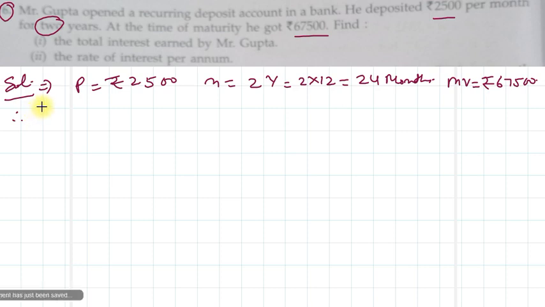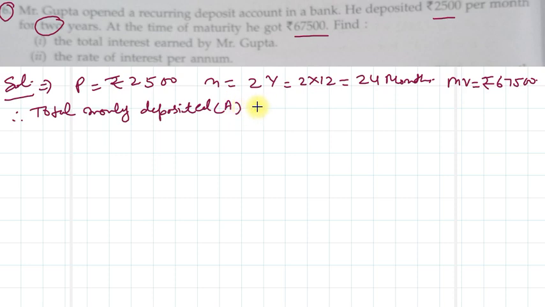Therefore total money deposited. So we have called it as amount, 2500 into 24, right? So 25 for the 100, 25 to the 50 plus 10, 60. This is total money deposited.